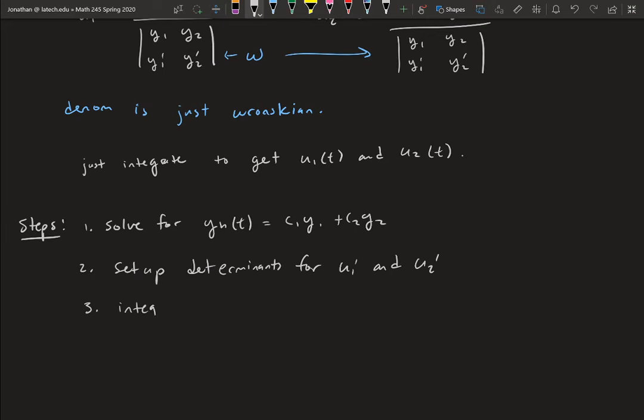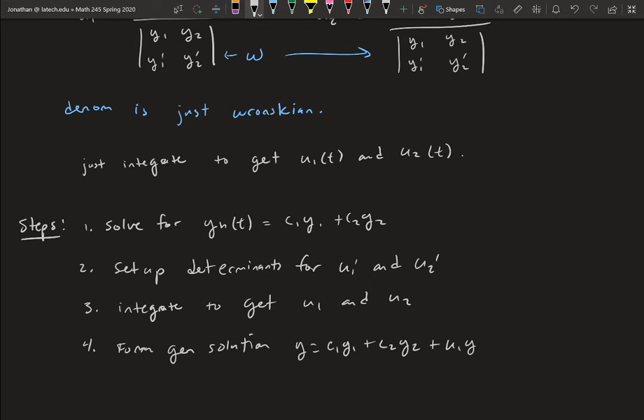Step 3, integrate to get u1 and u2. Step 4, form the general solution, which would be y equals c1y1 plus c2y2 plus u1y1 plus u2y2.